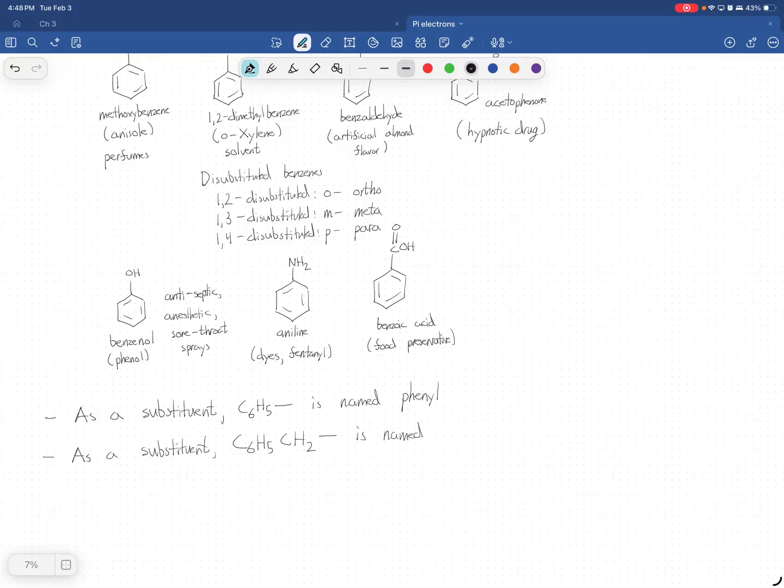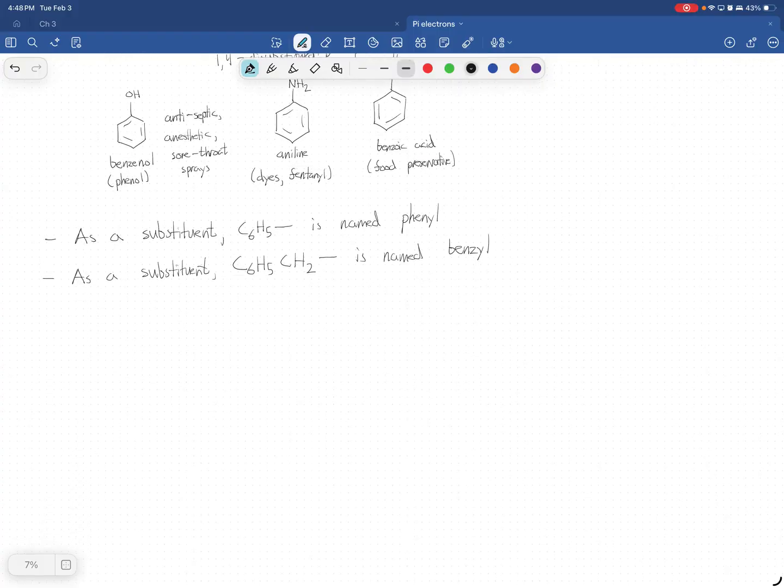So these are two names we'll have to be familiar with. Phenyl and benzyl. So when it's directly attached to the ring, use phenyl. When it's attached to a CH2, then a benzene ring, we have to use the word benzyl there. Okay? All right.